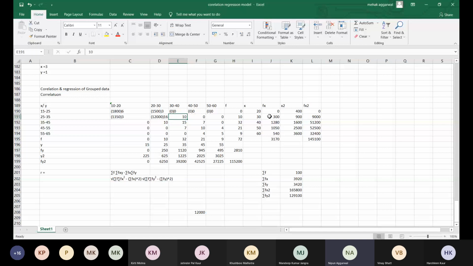Now next is 30 into 35. So which will be equal to 30 into 35 into 10. So this value comes out to be 10,500.